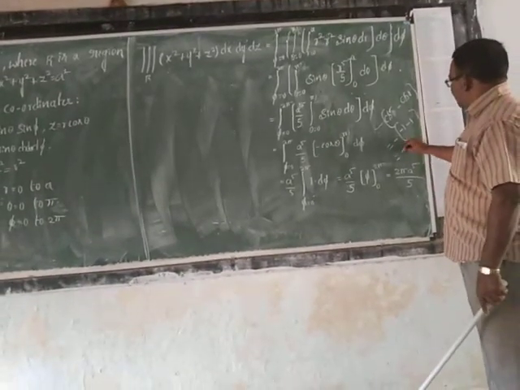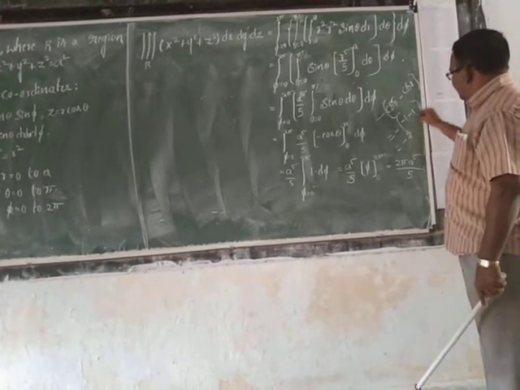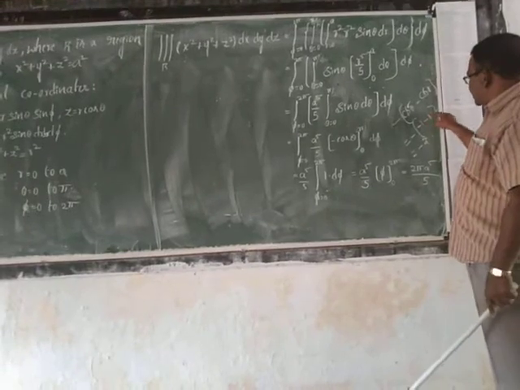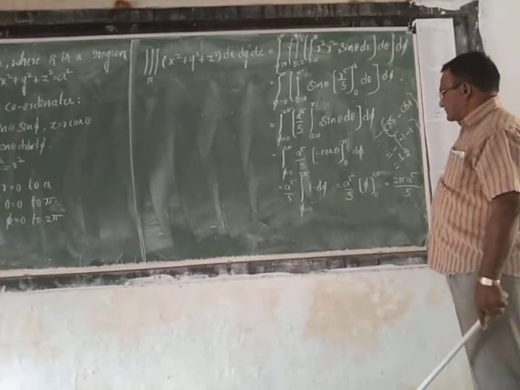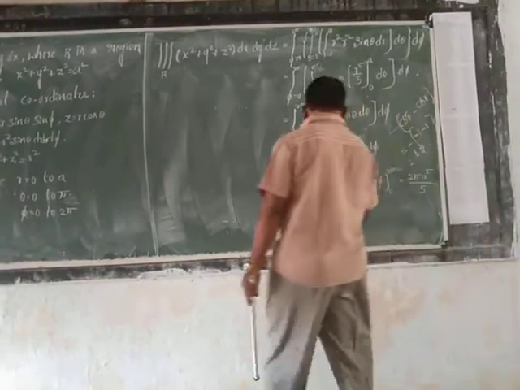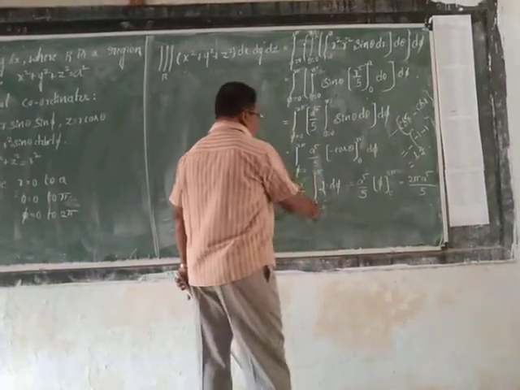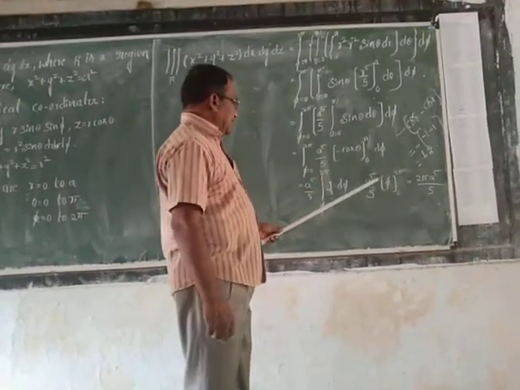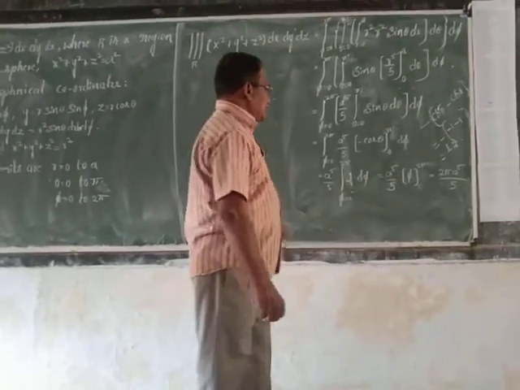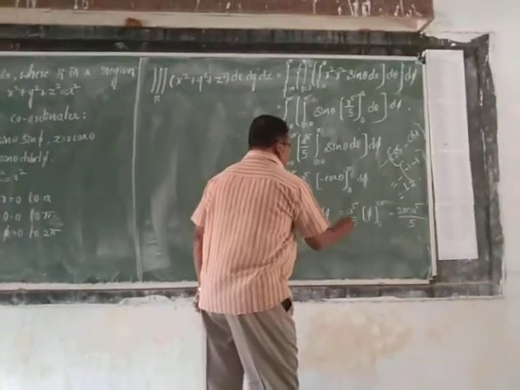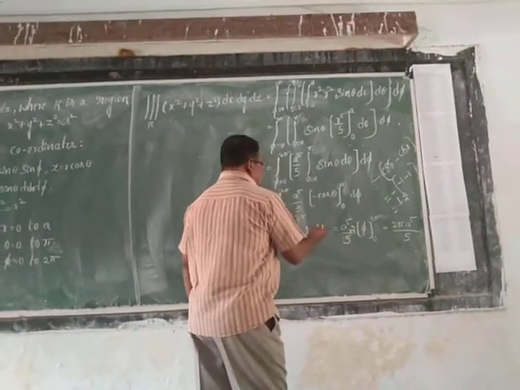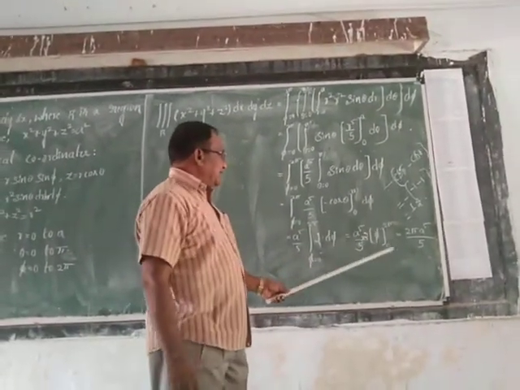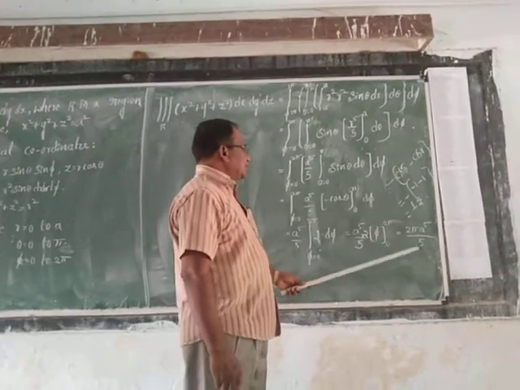This is equal to minus into minus plus, this is minus 2, it is minus 2 into minus 2. It is plus 2. Plus 2 you write outside. Integral from phi equal to 0 to 2 pi as it is, and 2 is a constant. Take it outside. Integration of 1 with respect to phi is phi, and the limits are from 0 to 2 pi.